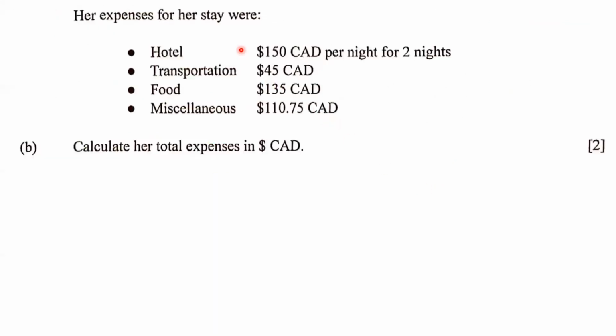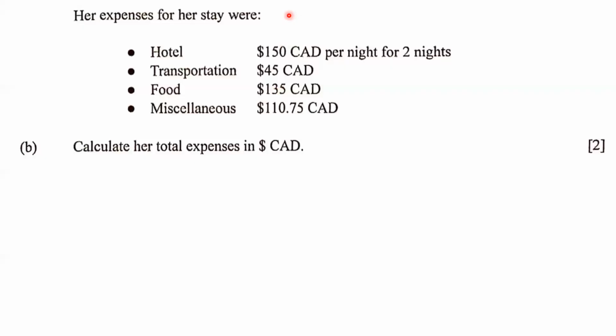It says her expenses for her stay were $150 Canadian dollars per night for 2 nights, transportation 45 Canadian dollars, her food was 135 Canadian dollars, and miscellaneous items were $110.75. So we want to calculate her total expenses in Canadian dollars.